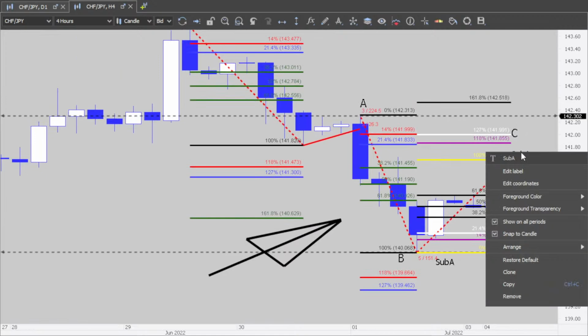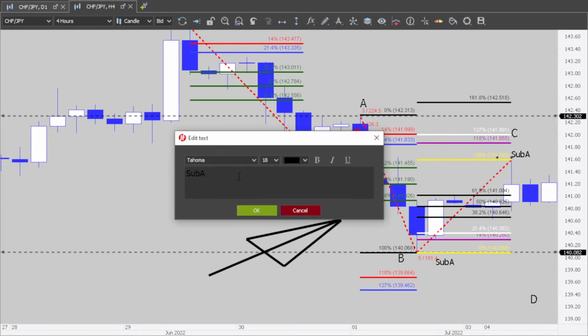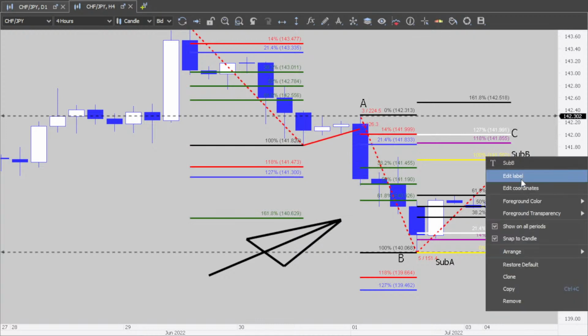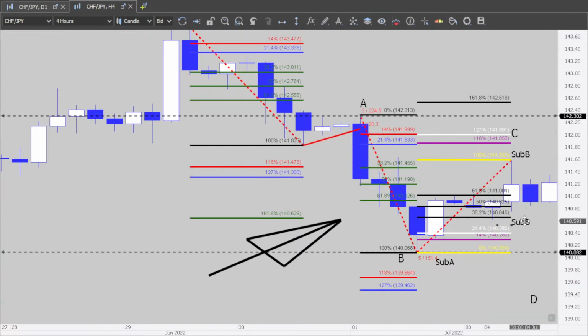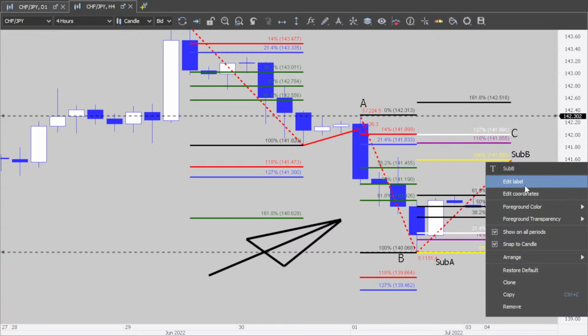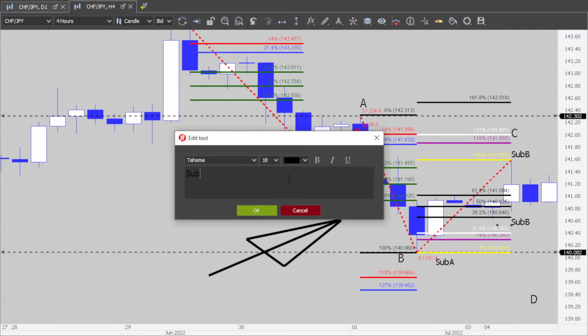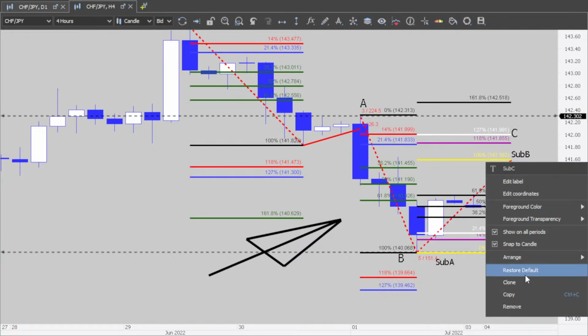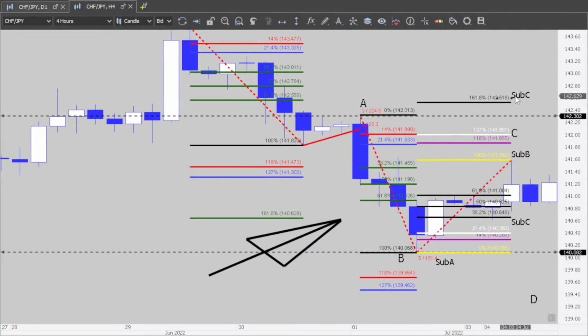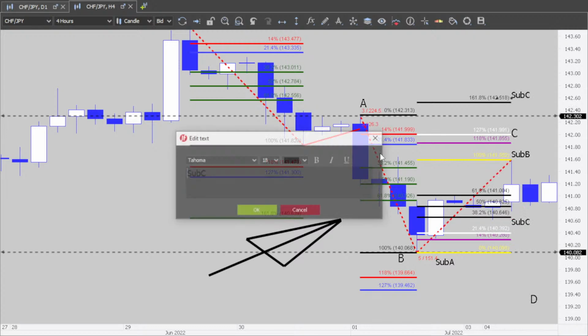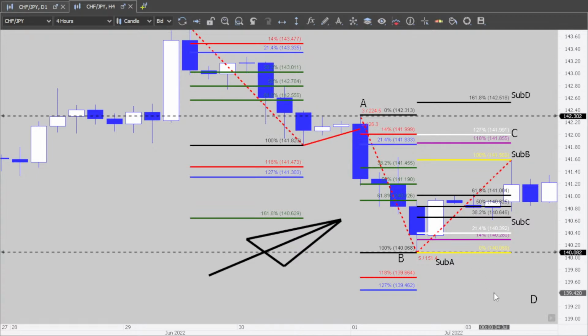Up in here we're going to have the sub B, and clone down here we're going to have our sub C. Sub C, and clone, up in here we are going to have the edit label sub D, right? Queen says yes, thank you very much.